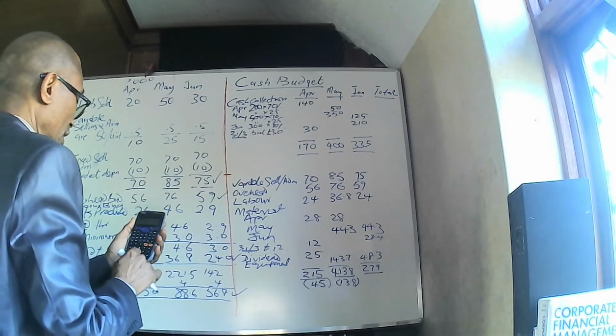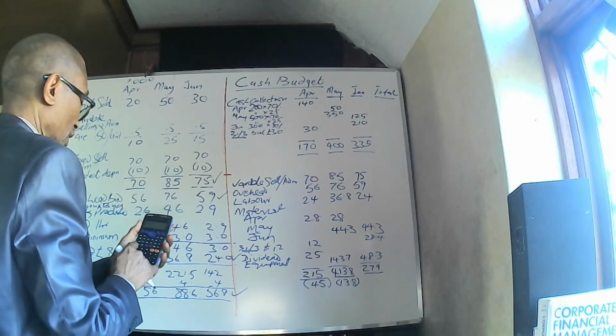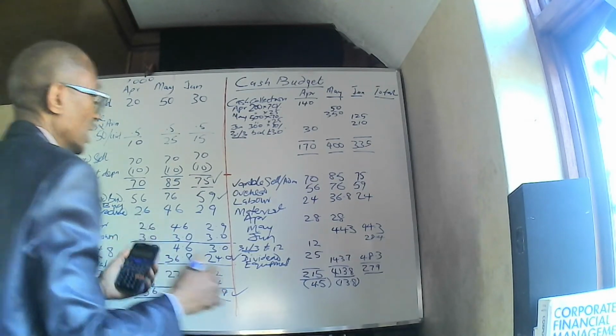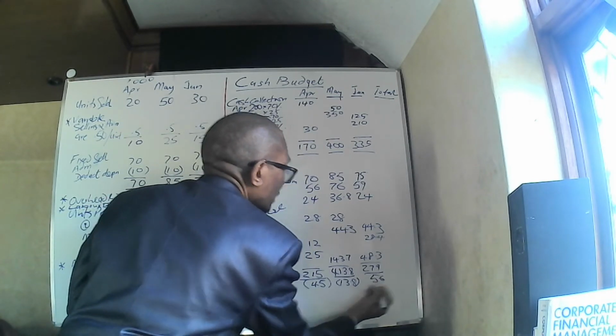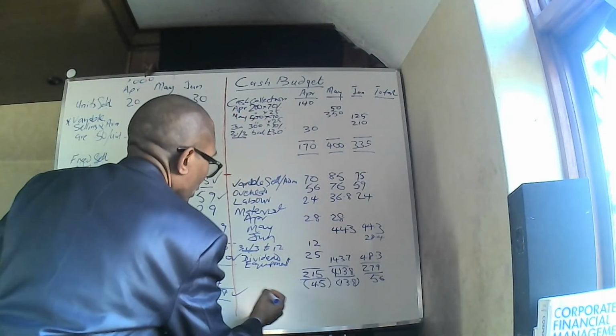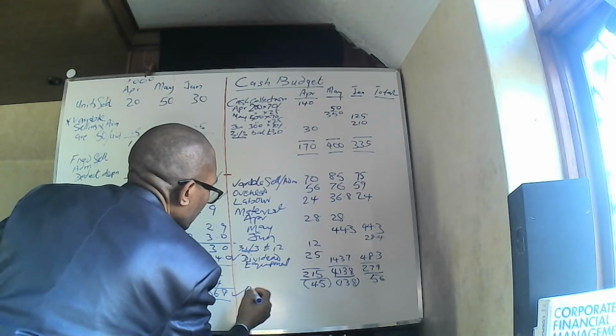Then 335 minus 279, you have a positive 56 here. Positive 56.